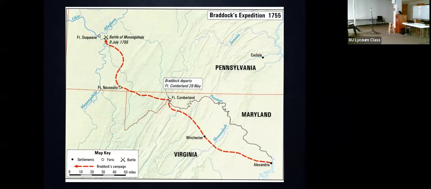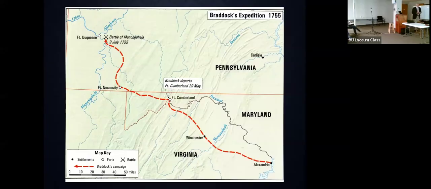Fort Necessity's been destroyed, but they're going to rebuild it. To follow up to the Allegheny, Monongahela forks and take Fort Duquesne. And then, if he's successful, which he fully expects to be, because he's given a decent force to do this, to drive up to Lake Ontario and clear the French out of that region.